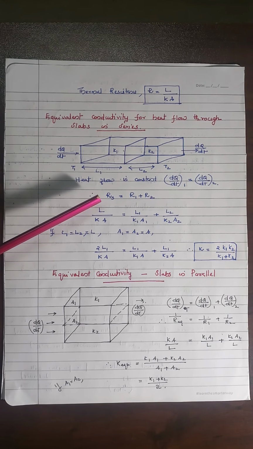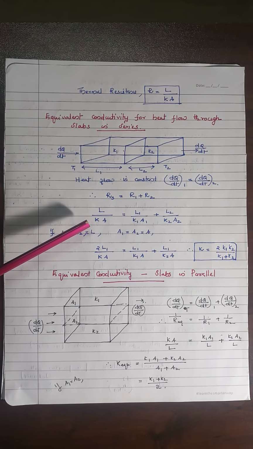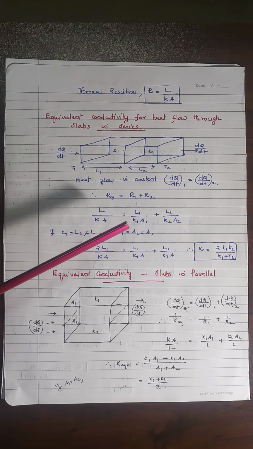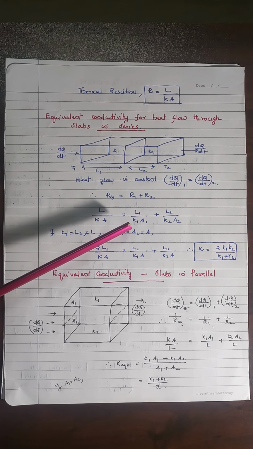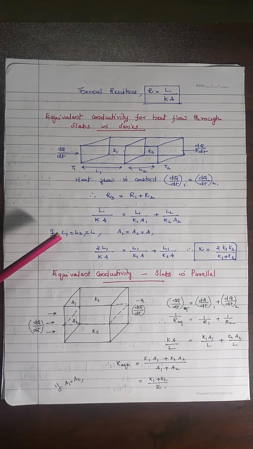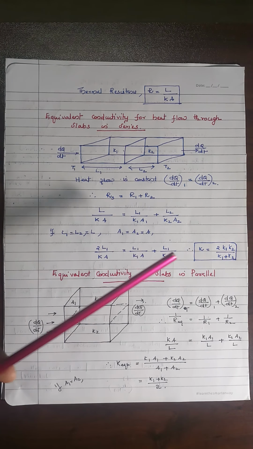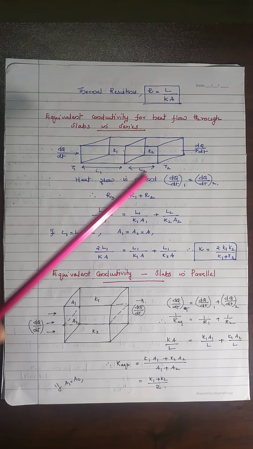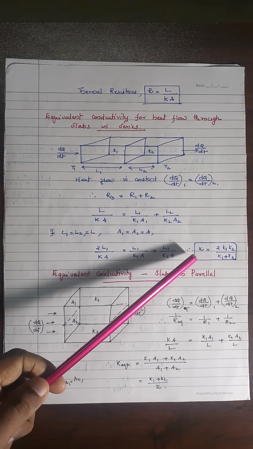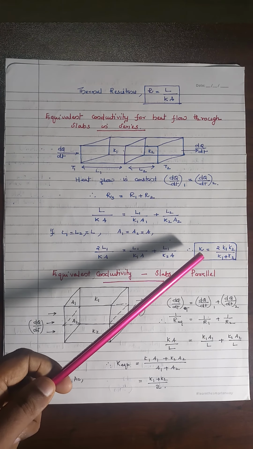So Rs is equal to R1 plus R2. And hence for the effective material, L by KA equals L1 by K1A1 plus L2 by K2A2. If we take the condition as L1 equal to L2 and A1 equal to A2, we can replace the two materials with a single one having the thermal conductivity equal to 2 K1 K2 by K1 plus K2.